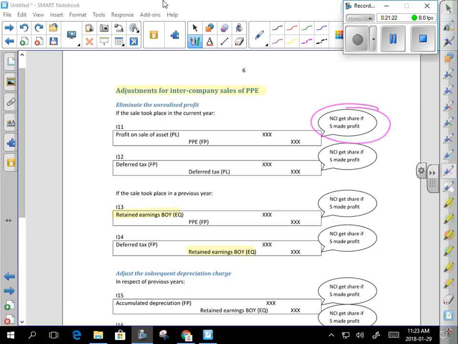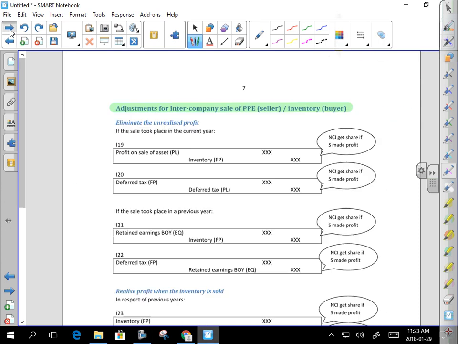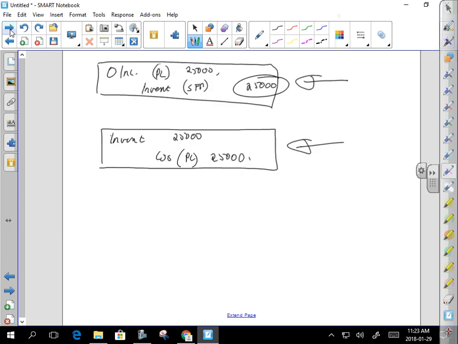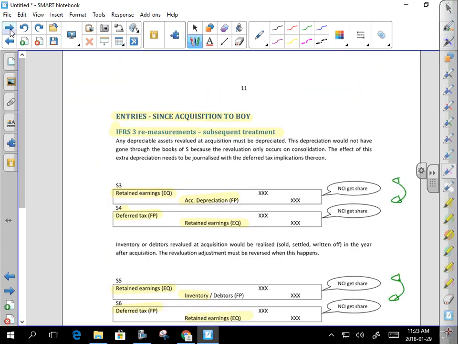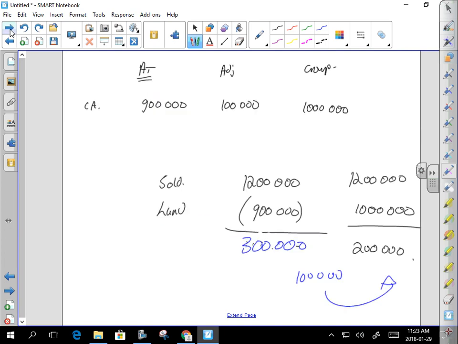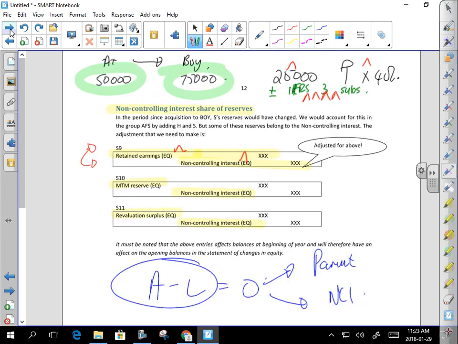If P made the profit, you need this entry, stays exactly the same. But if S made the profit, you need this entry, and you need an adjustment to that entry.